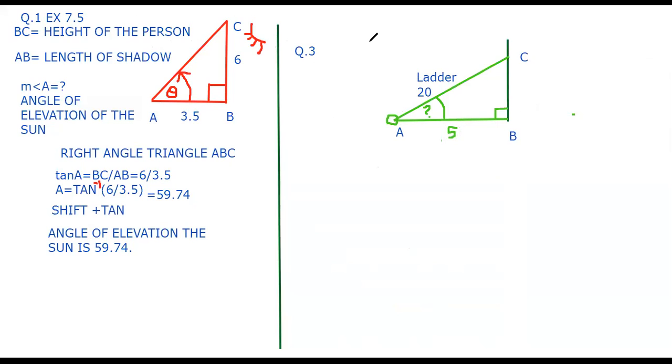Now what you need to do, simply it is becoming a right angle triangle. As you can see that in the first part we have done the same sort of thing. Now again you will just simply explain the diagram that M measure AC, M stands for measurement, that is AC equals 20, and this is the length of the ladder according to the question.